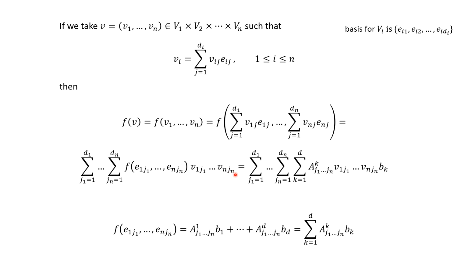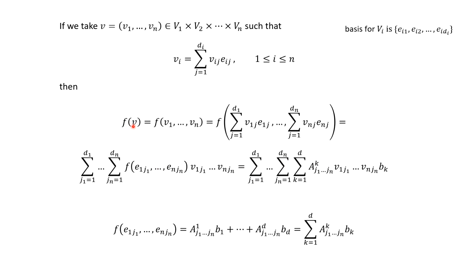Okay, and then we're almost done. The last step, and I copied this from the previous slide, we computed f for a selection of basis vectors, one from each of the vector spaces in the codomain, and that was this expression here. We'll just use the shorthand, the summation. We plug that in for f, and then we have it.